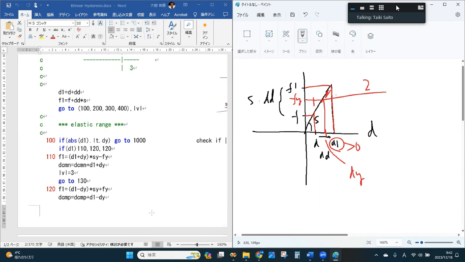So this part is over the hysteresis. So you must find the position of this position. This position. So it's a little bit larger than Fy.